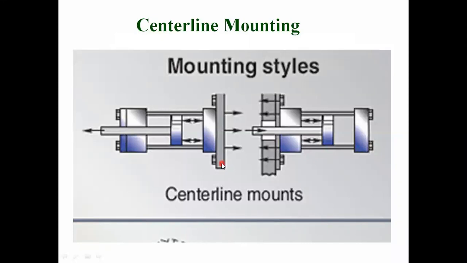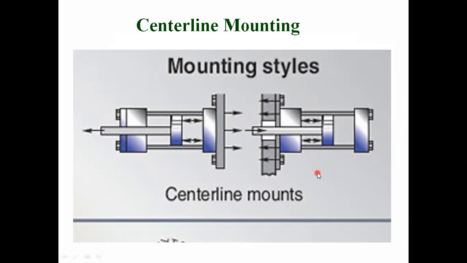It is connected by a bolted joint. At both ends the flange is connected to the cylinder, and this is another flange connected to the cylinder. So this is called your center line mounting.